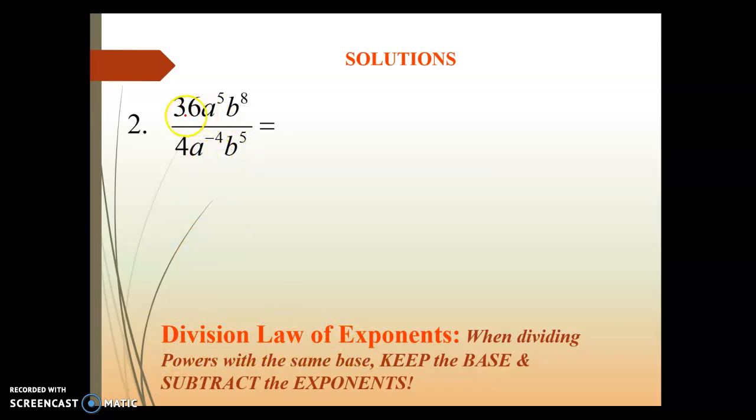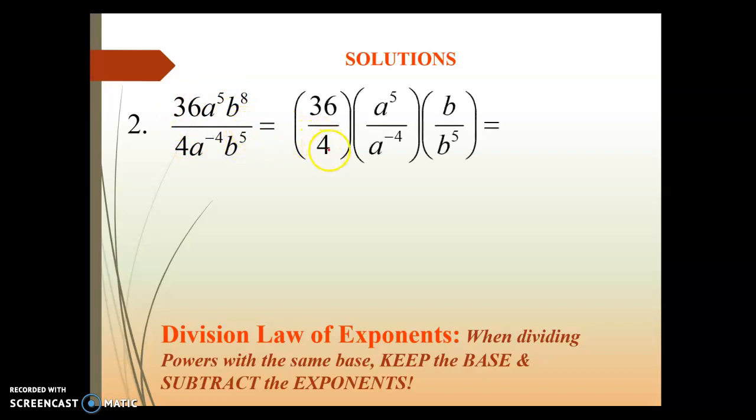Okay, let's proceed. 36 divided by 4. I prefer simplifying first the numbers so that I may have a better look at the variables later. So again, group those things that are common: 36 over 4, a to the 5 over a to the negative 4, and b to the 8 over b to the 5.